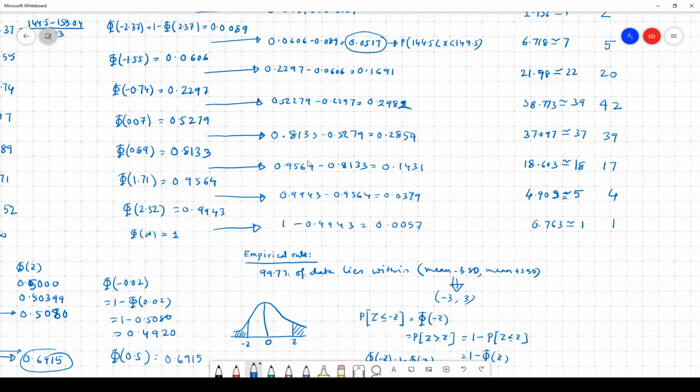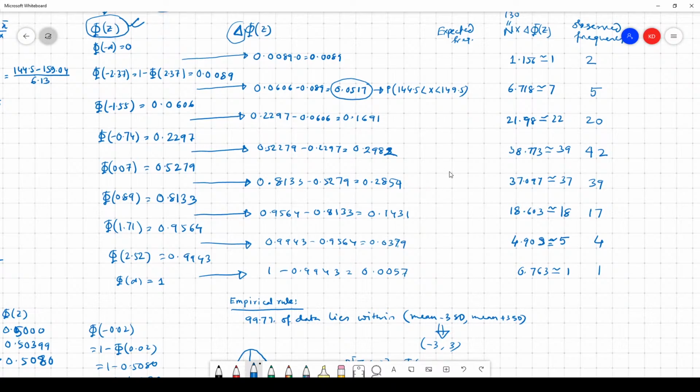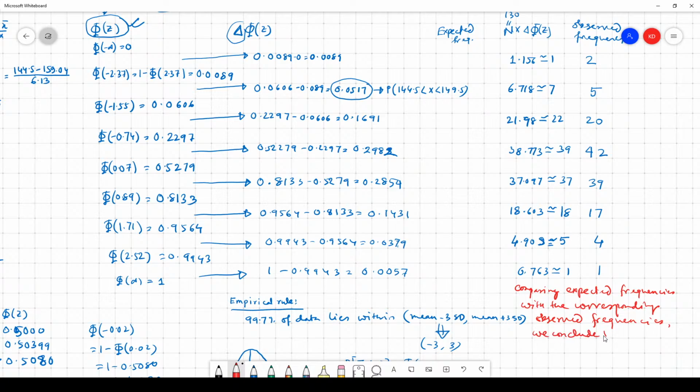After comparing the expected frequency with the corresponding observed frequency, we conclude that the fit is good.